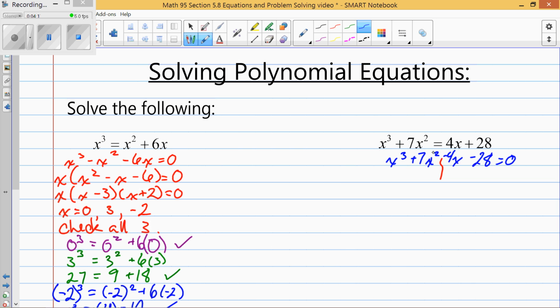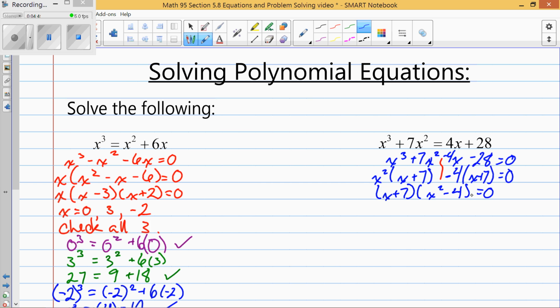So I can factor out an x squared, leaving me with an x plus 7. And over here I can factor out a negative 4, leaving me with an x plus 7. Don't forget the equal 0. So now to finish factoring this, my x plus 7 is my greatest common factor, and I have an x squared minus 4, and this equals 0.